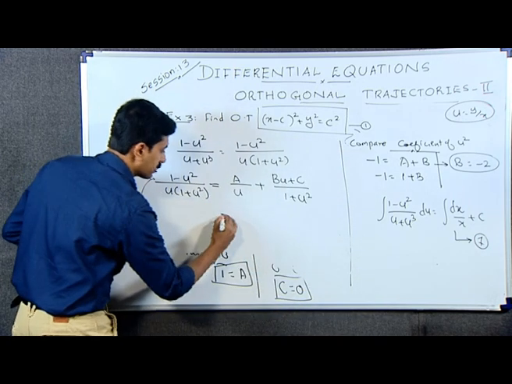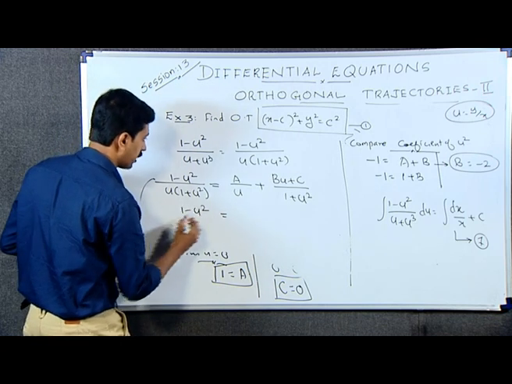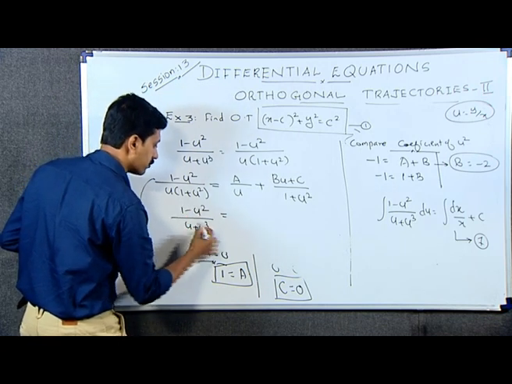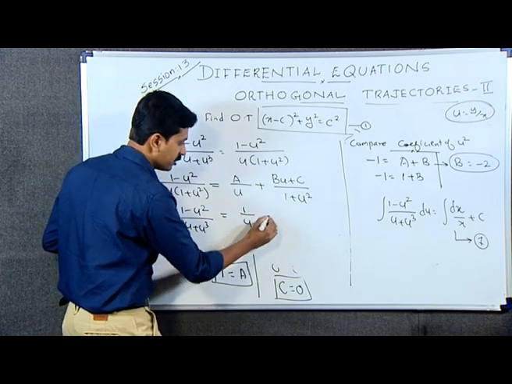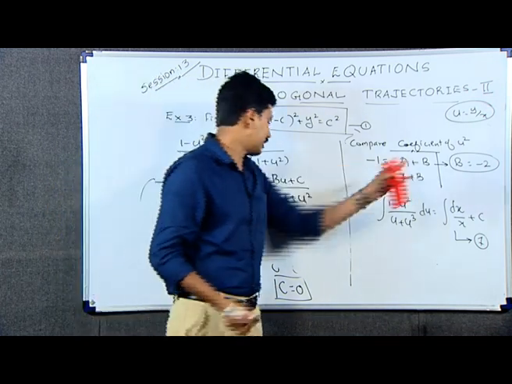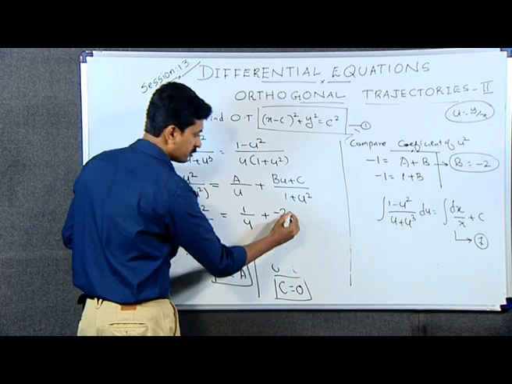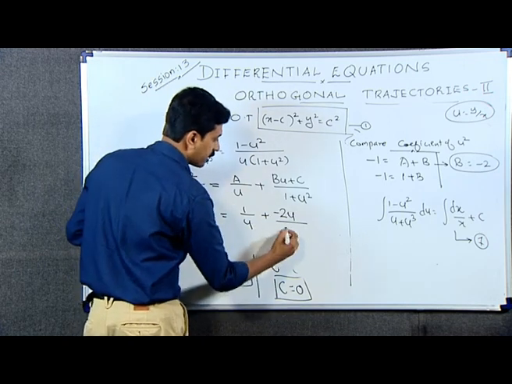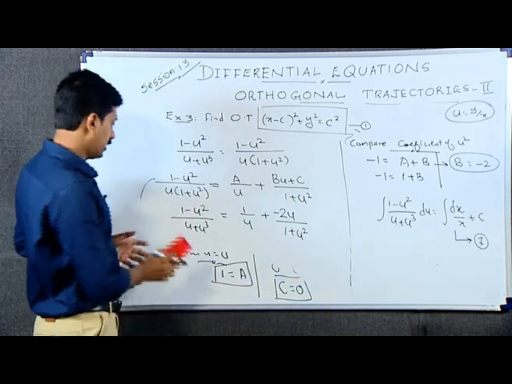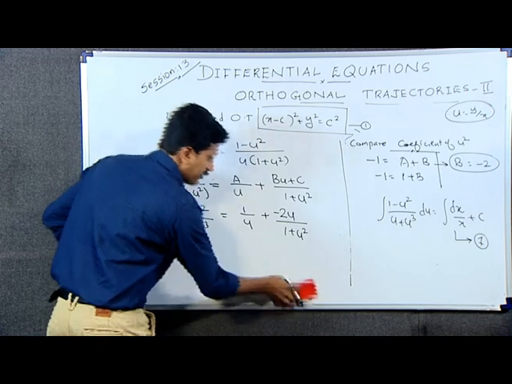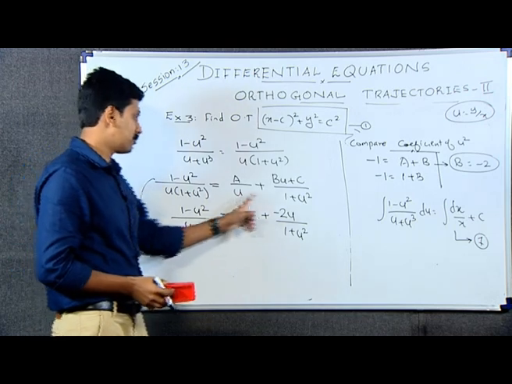This equation will be equal to a divided by u, that is 1 by u, plus b as minus 2, so minus 2 u, plus c as 0, divided by 1 plus u square. See, in equation 7 we can replace 1 minus u square divided by u plus u cube by this.